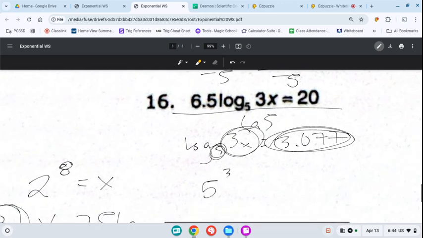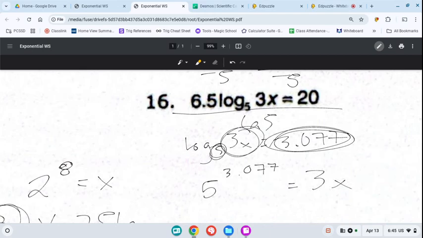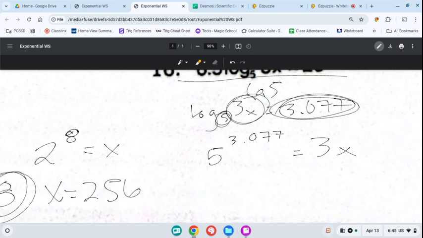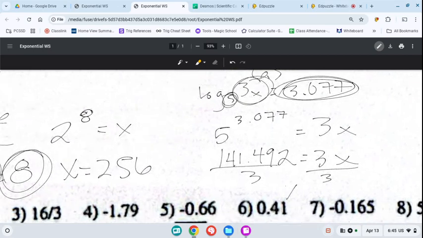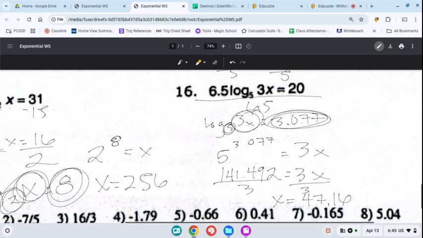So I have 5 to the power of 3.077 equals 3x. 5 to the power of 3.077 equals 141.492 equals 3x. Divide by 3, x equals 47.16. There you go. That is your homework assignment.